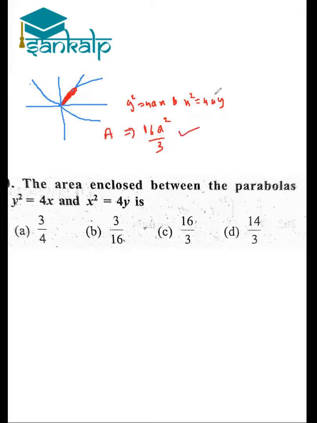So here we require the value of a. See, the value of a in both the cases is equal to 1. So a is equal to 1. So using the formula, area will be equal to 16 into 1 square upon 3, or on simplifying, we get 16 upon 3. So the option C is the right option.